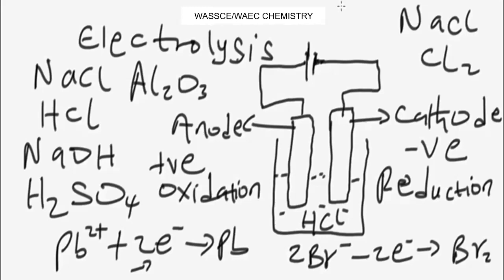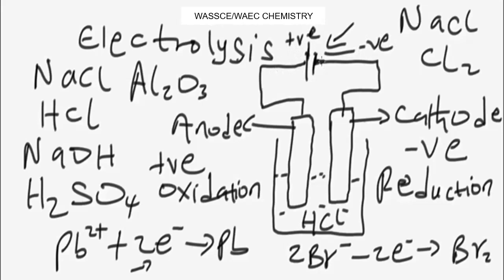One more thing, note that if you are drawing an electrolytic cell, always include the DC power supply, which is the battery. For instance, in this electrolytic cell of hydrochloric acid we used as illustration, this is the DC power supply. This is the positive terminal, whereas this is the negative terminal.